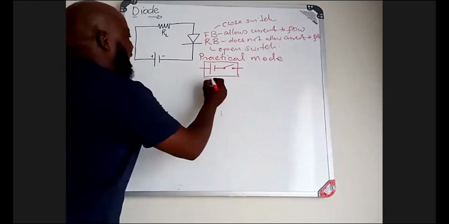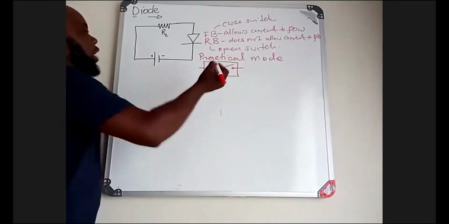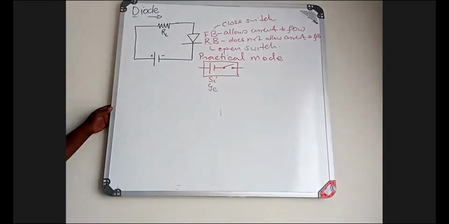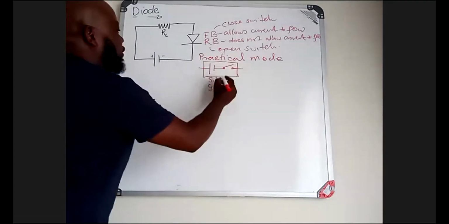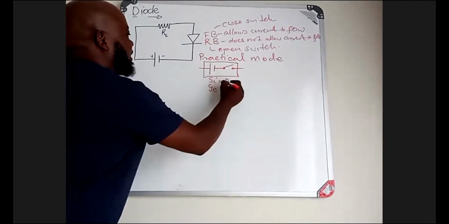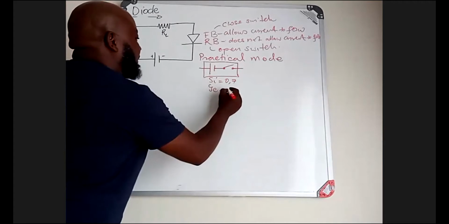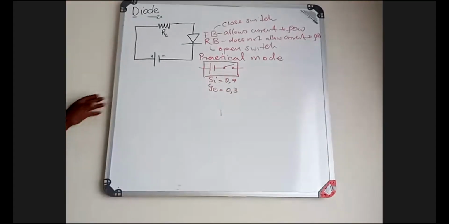Are we using a silicon diode or a germanium diode? We know that if we are using silicon, it is 0.7, and if we are using germanium, it is 0.3 volts.